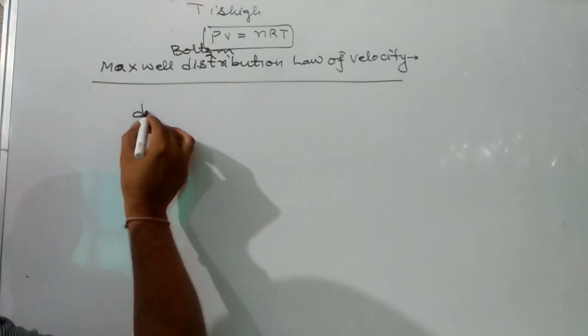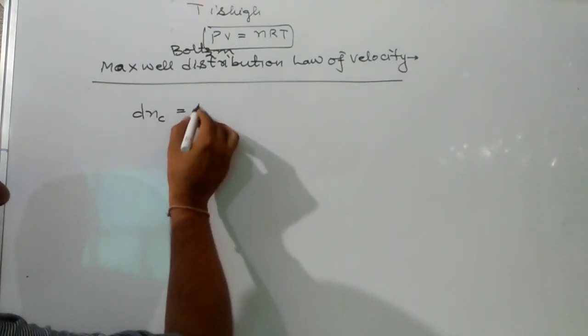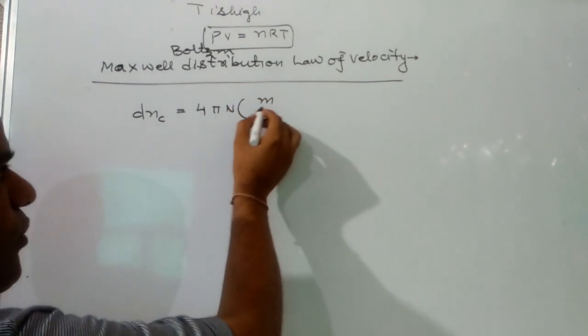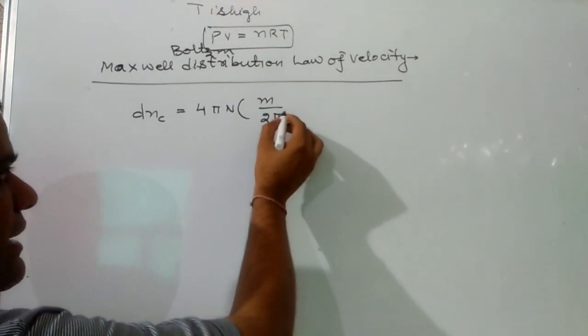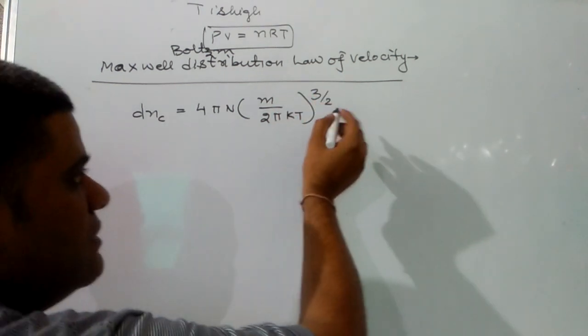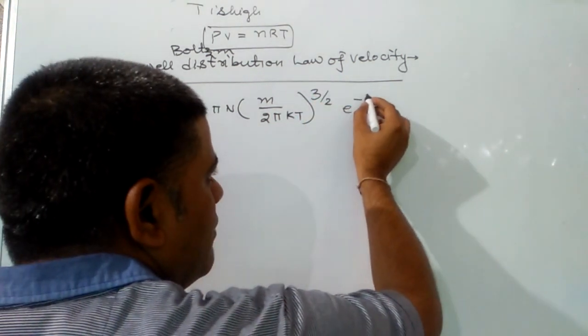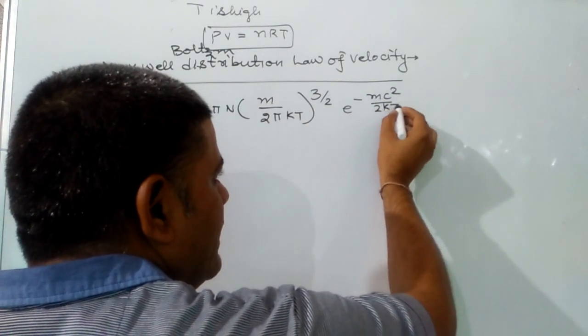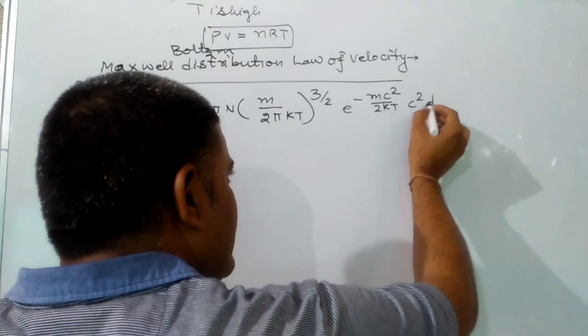Mathematically this law can be written as dNc is equal to 4 pi N into (m over 2 pi kT) raised to power 3 by 2 into exponential raised to power minus mc square over 2kT into c square dc.